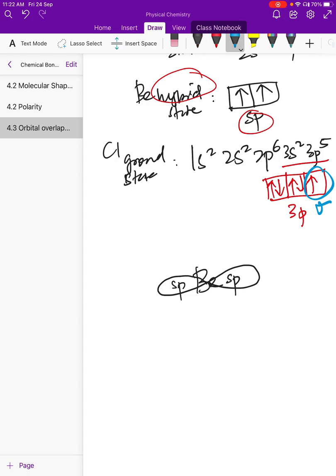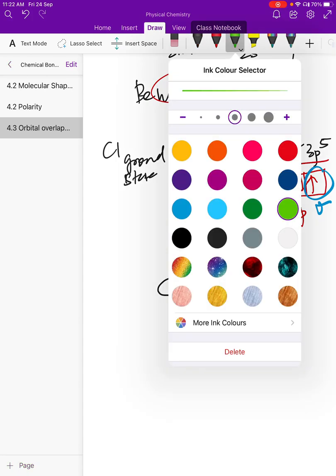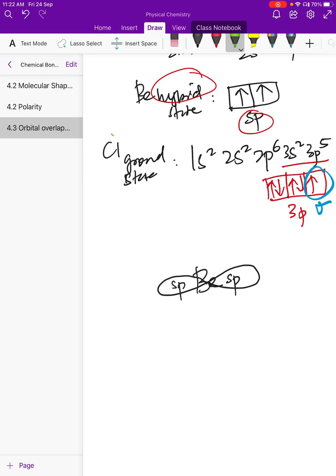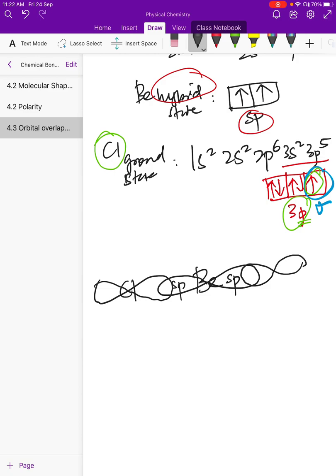For chlorine, the 3p orbital, which has the unpaired electron, the p orbital, the shape is dumbbell. So we draw one dumbbell here. This is for the chlorine atom on the left.